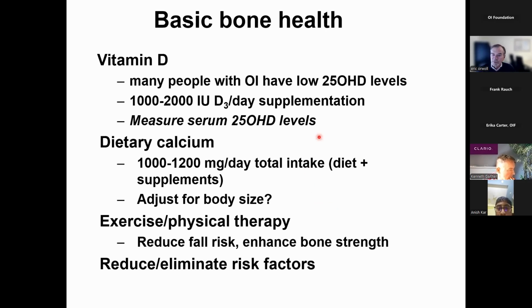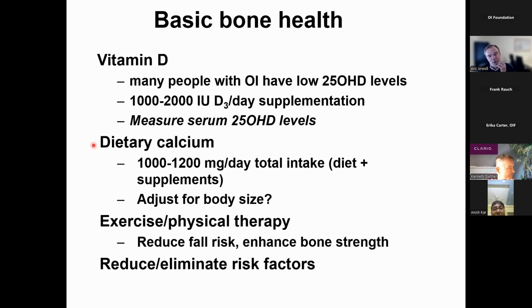So it's probably very important to ensure that vitamin D nutrition is adequate. Usual recommendations are 1,000 to 2,000 international units of vitamin D3 a day. But critically, people with OI should have measurements of their serum vitamin D levels to make sure that that level of supplementation is adequate.